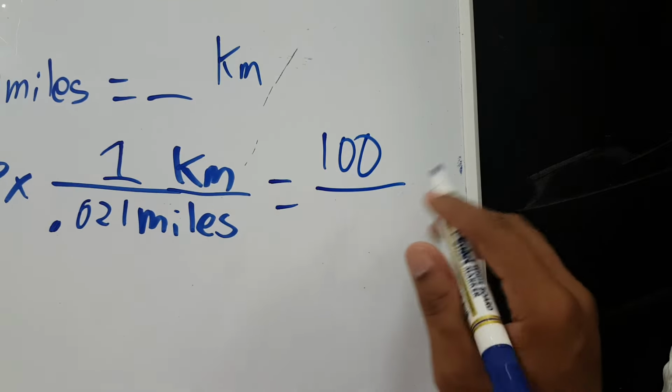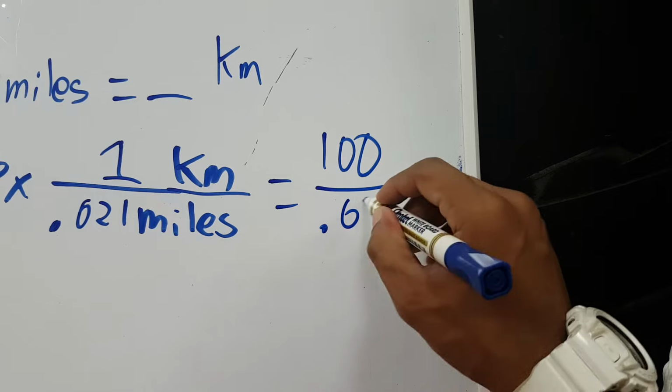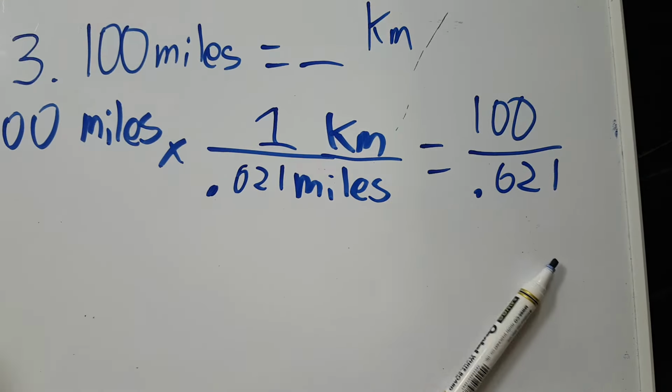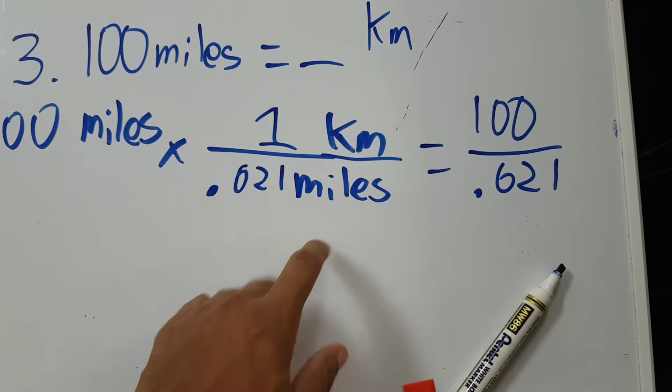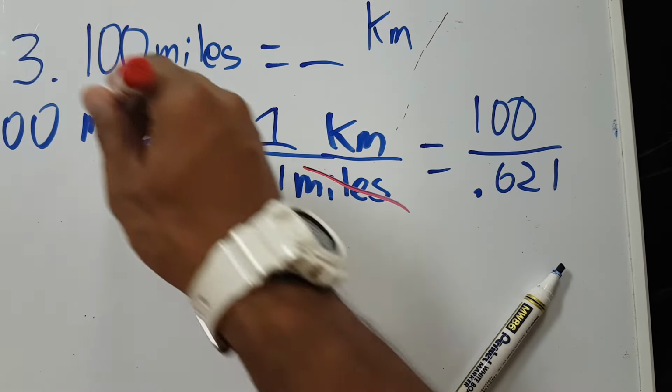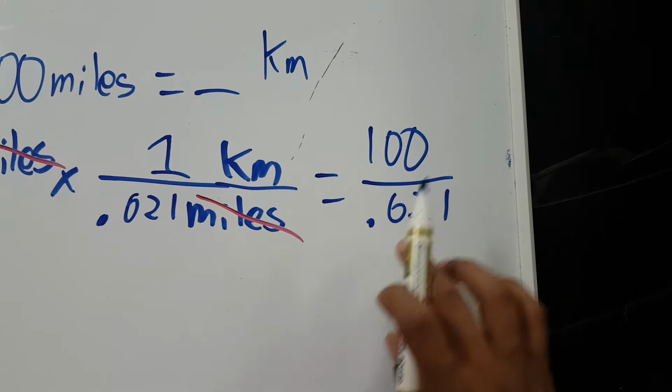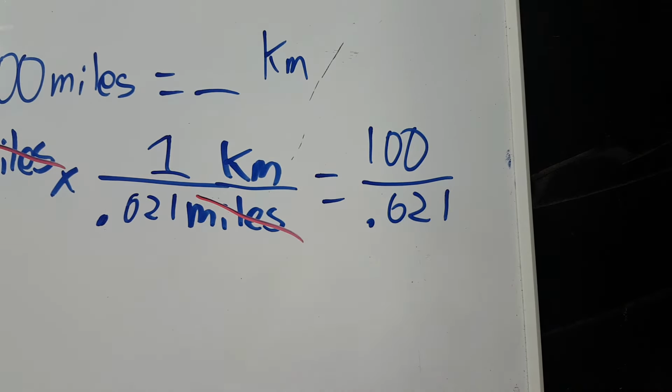And then 0.621. Let's just verify that we did this correctly. We have miles on top, miles on the bottom. Awesome job. So they cancel out. And then 100 divided by 0.621.